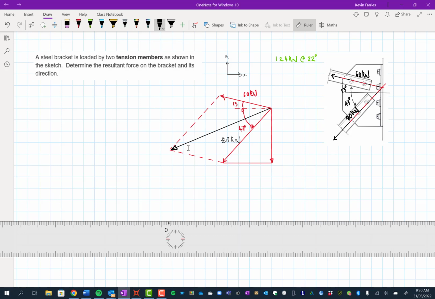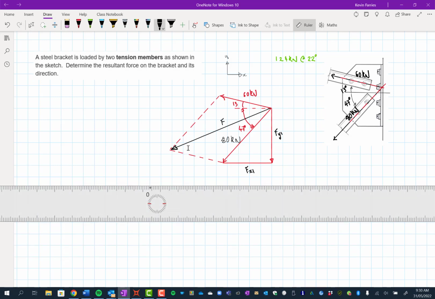We'll call the force F, I reckon. So the combined one's just going to be F. We'll call this Fx1. Oh, not Fx1, sorry, that's in the y direction. So Fy1, Fx1. Okay, and then we're going to follow the nose to tail.